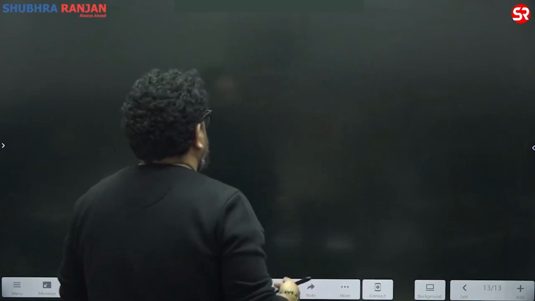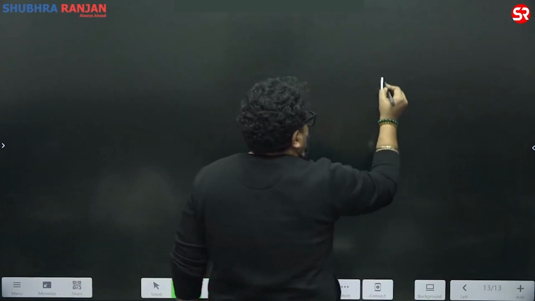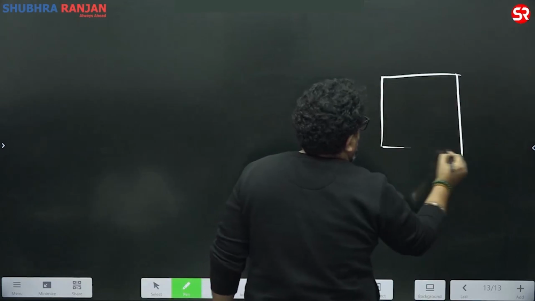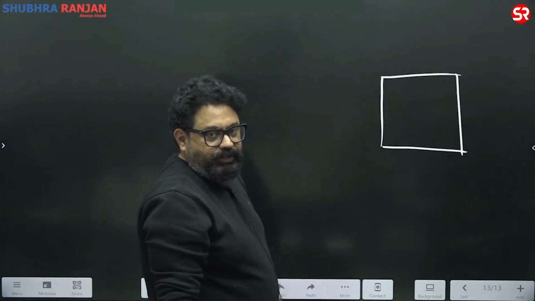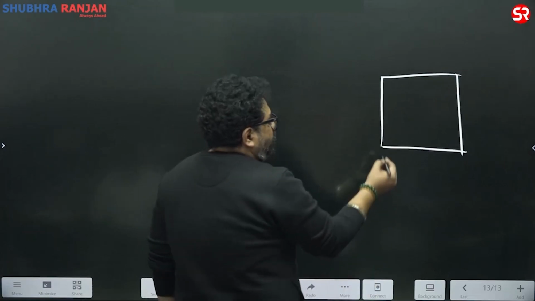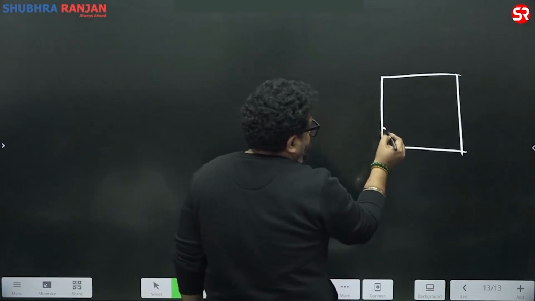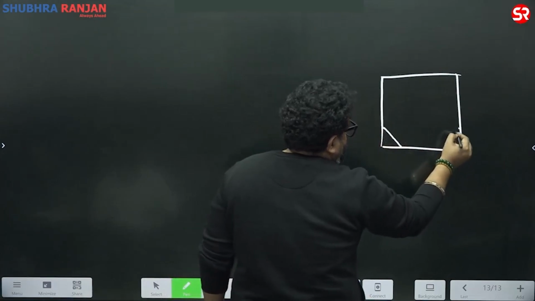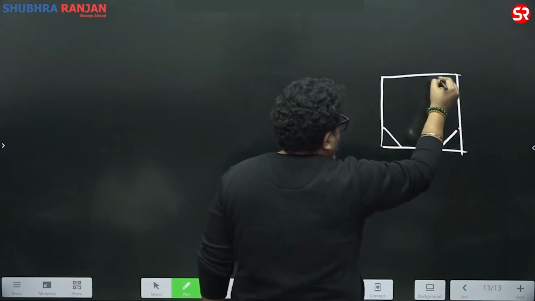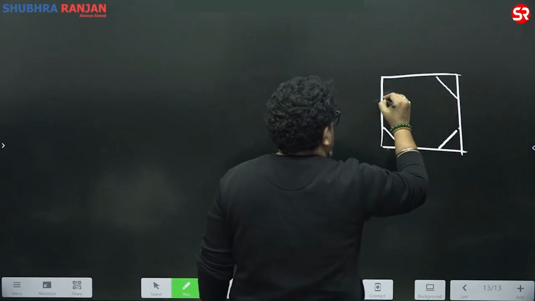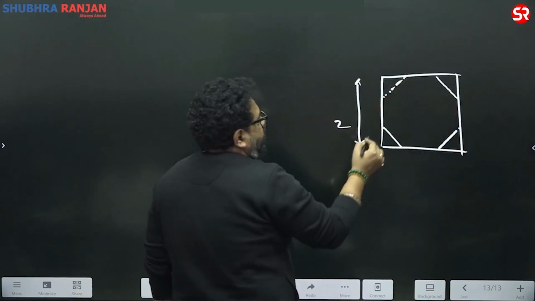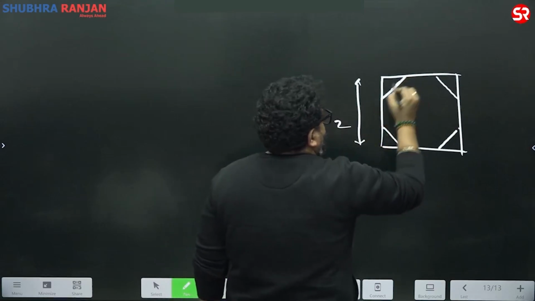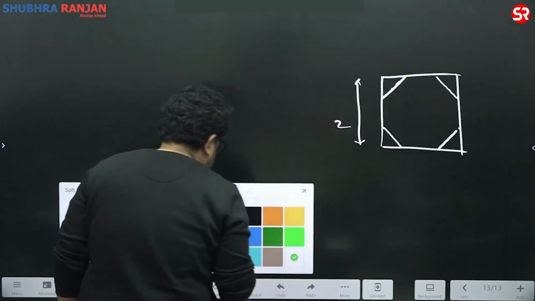See, what I've done is I have a square of side 2. I folded once, I folded twice, and I chucked off a triangle, right? And this figure now that I got is a regular octagon.